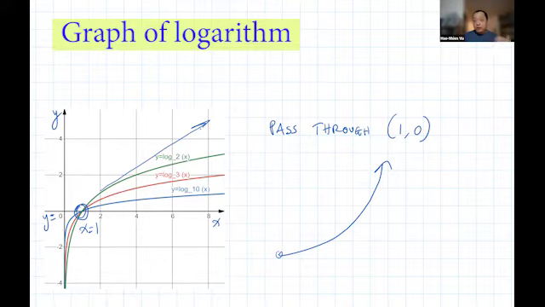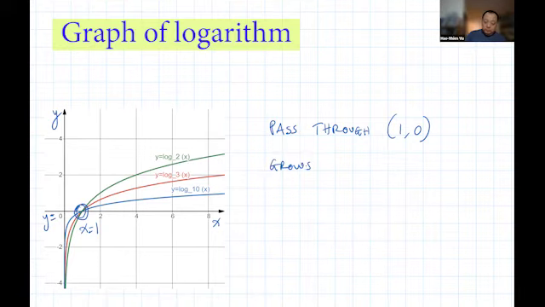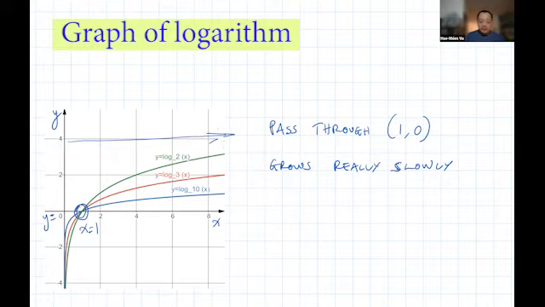It's even slower than linear. And the third point, which is more of a repetition of something I've said before, is that the domain of logarithm is positive x only. So the graph only exists on the positive side of the x-axis.